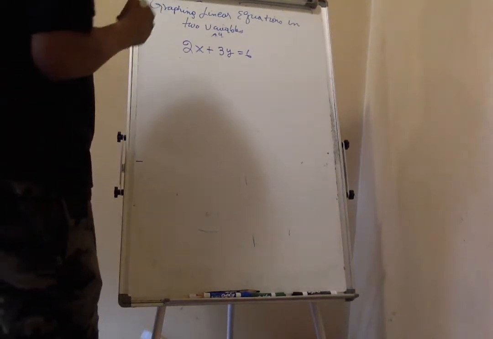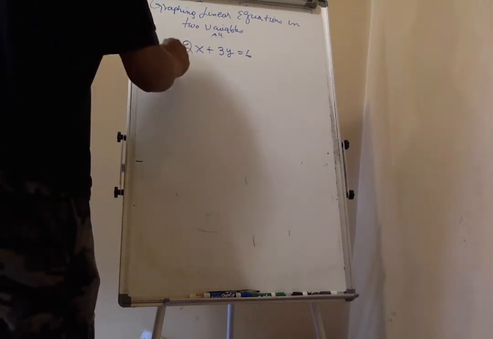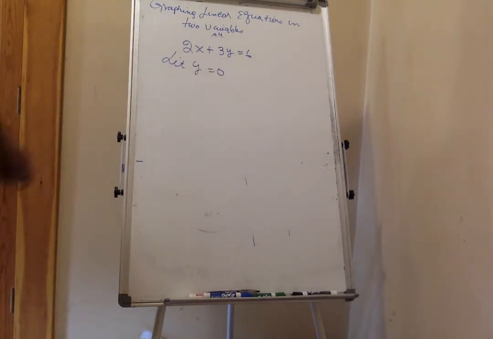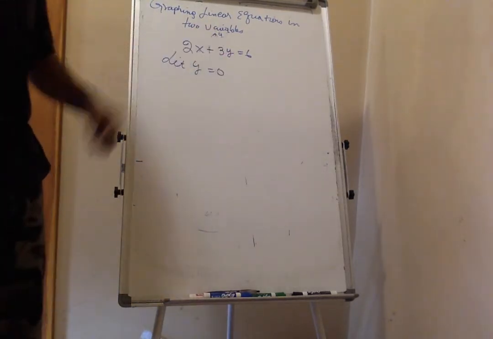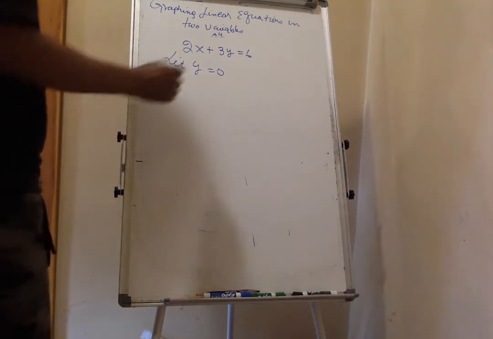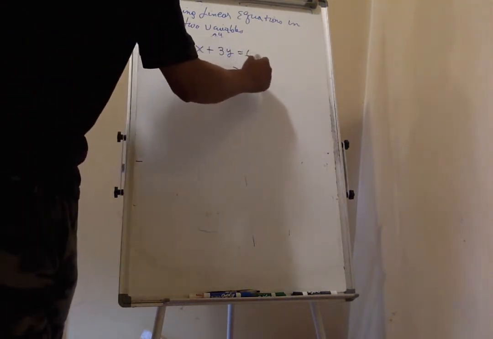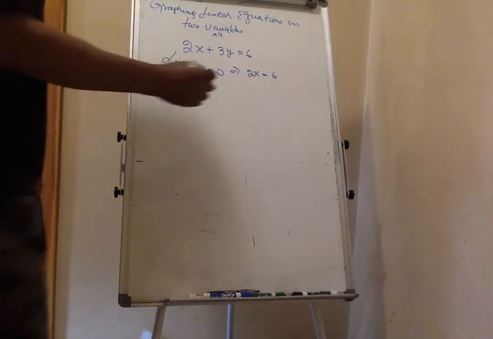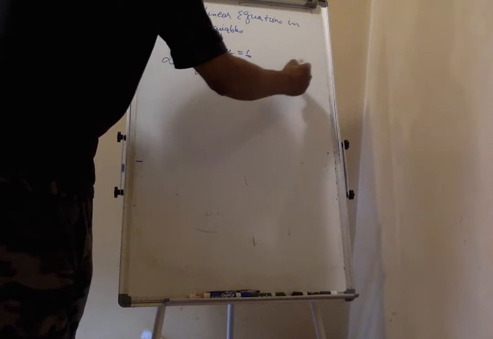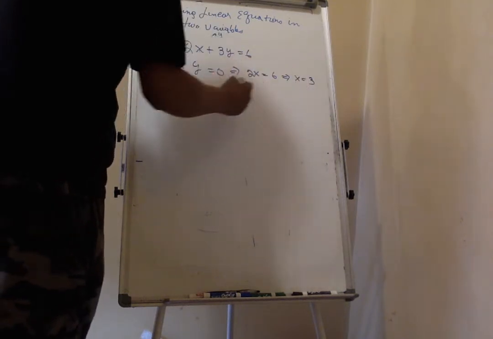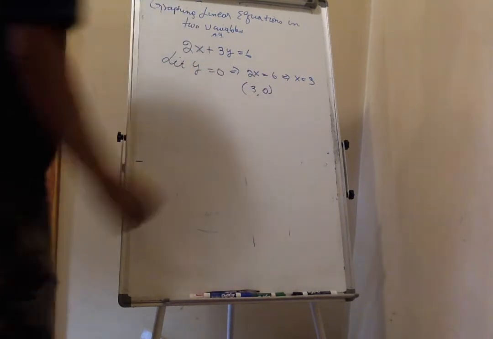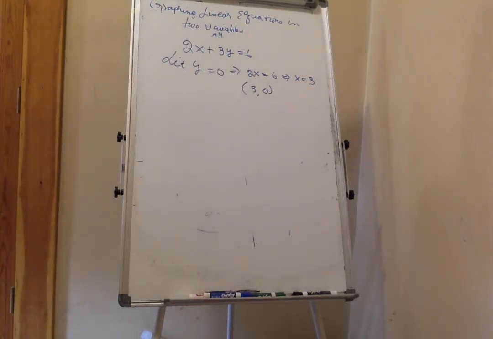First let me find the x-intercept. Let y is equal to 0. And if y is 0, the entire 3y also becomes 0. So what you're left with is 2x is equal to 6. If you divide both sides by 2, x is equal to 3. So one of the ordered pairs that you are going to use for sketching the graph is (3, 0), meaning when x is 3, y is 0.